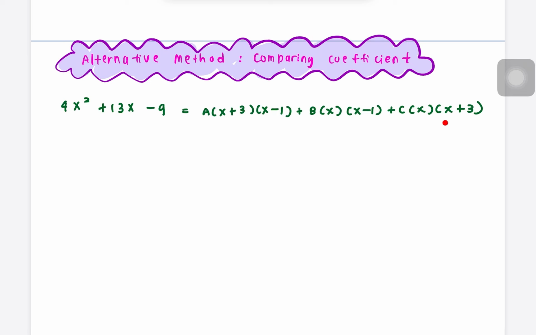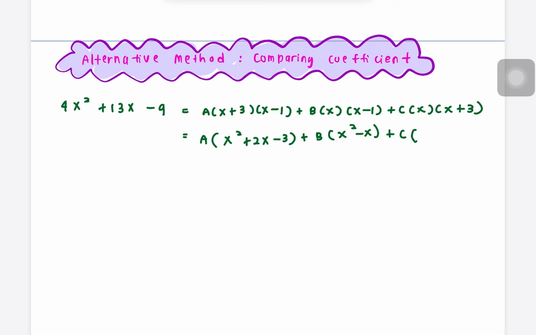And then expand further, you will have ax squared plus 2ax minus 3a plus bx squared minus bx plus cx squared plus 3cx.